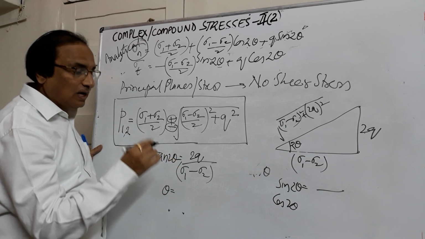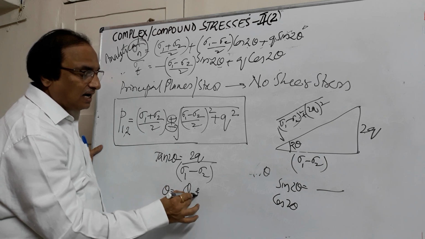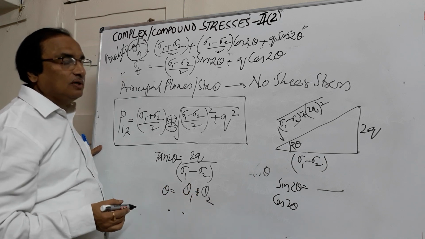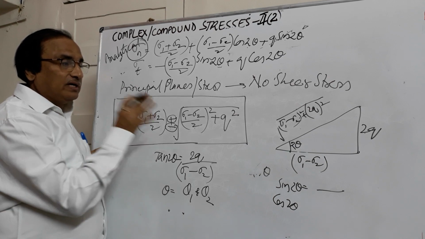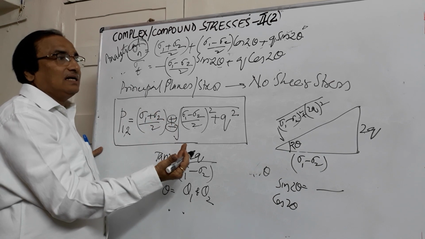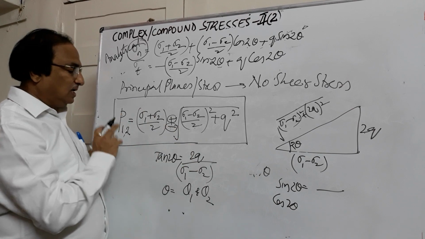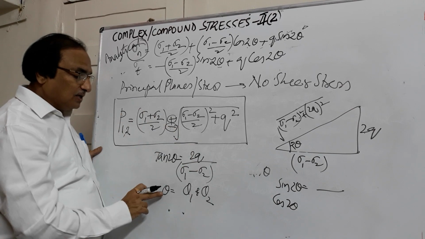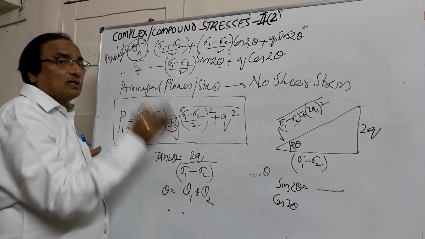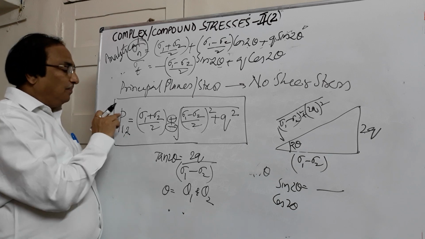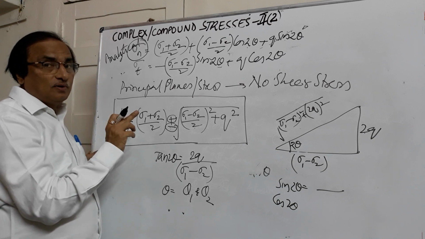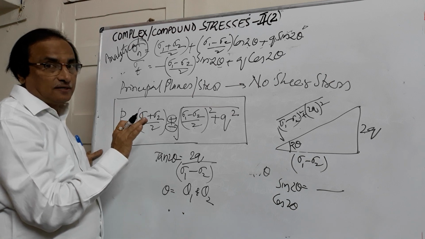So you get two values, one is theta 1 and another will be theta 2. So there will be two planes on which there will be principal stresses acting. Now based upon this, we will go to the second category in the next video, where we are finding out the principal plane and what are the stresses acting on the principal plane, P1 and P2. P is representing here principal stresses, no shear stress there.